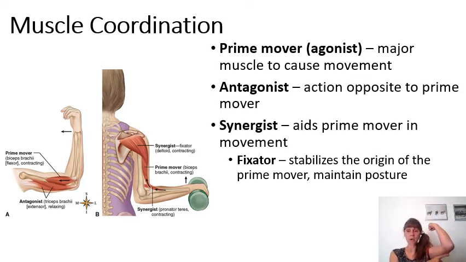If my motion is elbow extension, then triceps brachii is my prime mover or agonist. If my prime motion or main motion is elbow extension, then brachialis and biceps brachii become my antagonists.